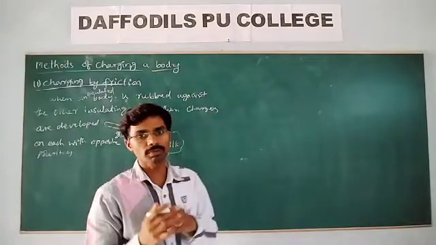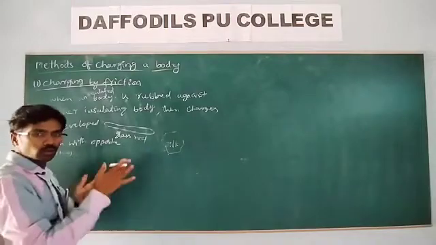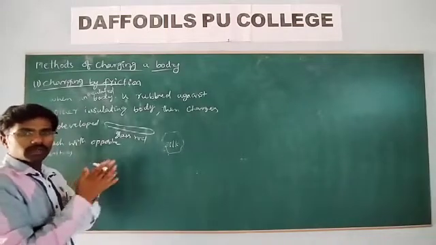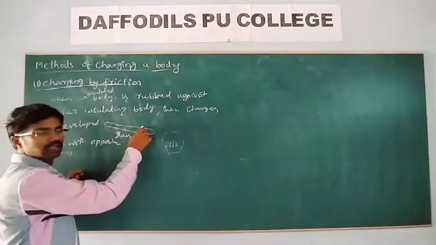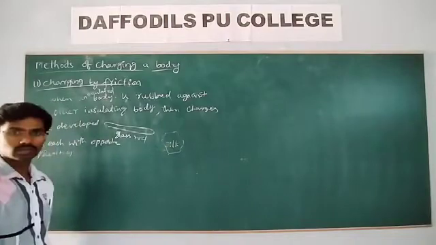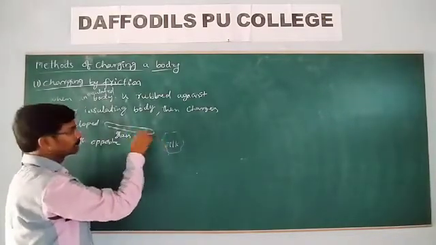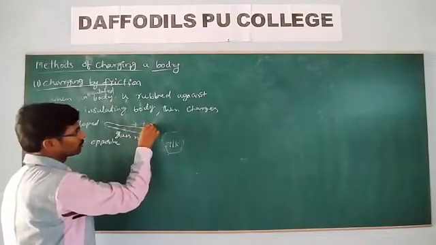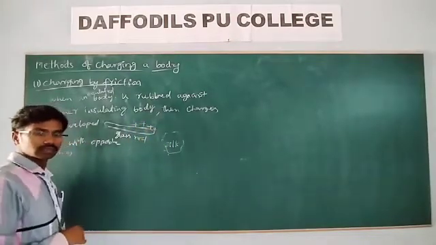Because of the rubbing we are doing work, and some of the electrons get energy and transfer to the silk cloth. The glass rod loses electrons, so it becomes positively charged.